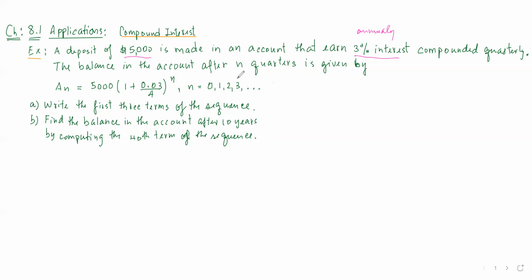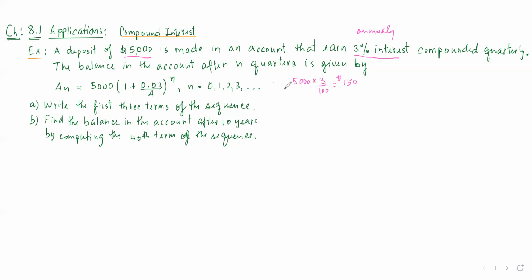So that means if you do the general, normal deposit, in the first year, at the end of 12 months, the interest you're going to earn is 5,000 times 3%, right? 3% means 3 over 100, so you have $150.